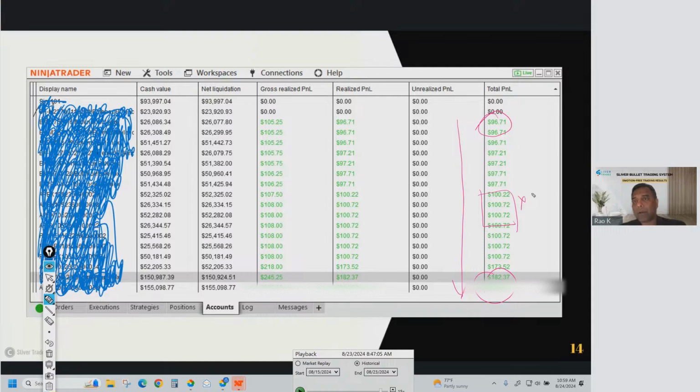Here I think we traded in 14 accounts. So $1,400 per day is what this setup makes with these many accounts. This is a mix of evaluation and funded accounts, but I'm showing you the possibility of how it's traded using the copy trader, and just in 1 hour we can generate this kind of income.